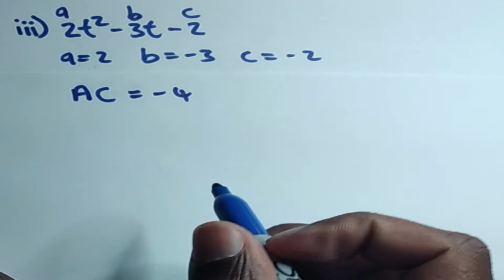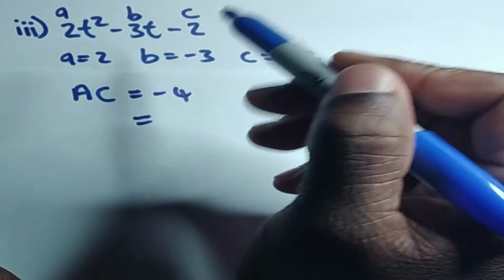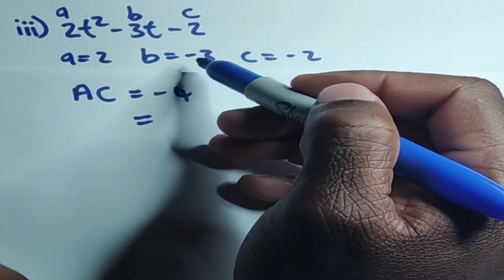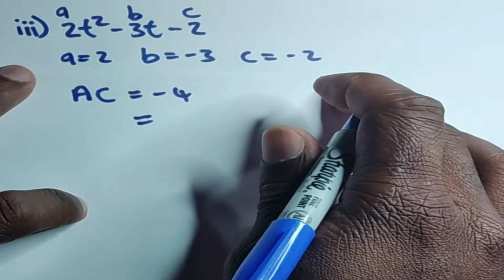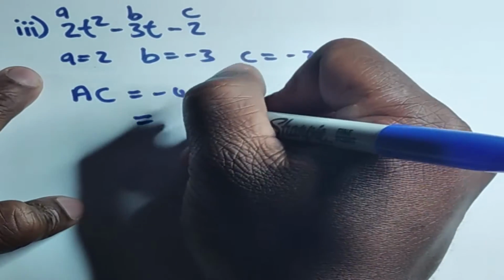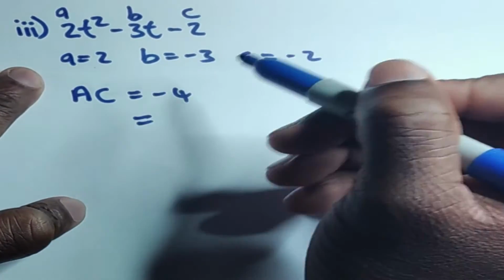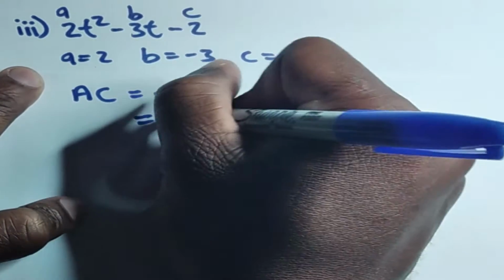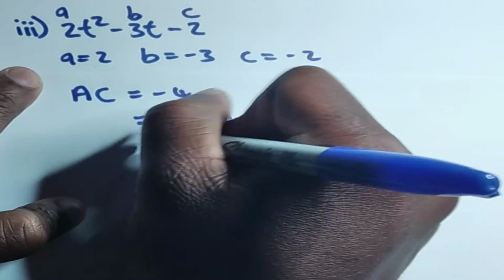Now what we want to know is what we can multiply to get negative 4 when we add or subtract those things, it can give us our b value, which is negative 3. Alright, so how do we go about doing this? So again, how can we obtain negative 4? And notice that our b value is negative 3. So that means that the larger number must be a negative number. Alright, so we can get negative 4 by simply multiplying negative 4 times 1.